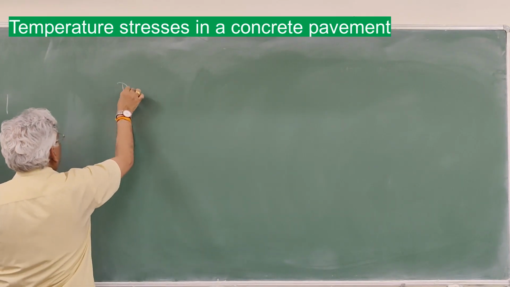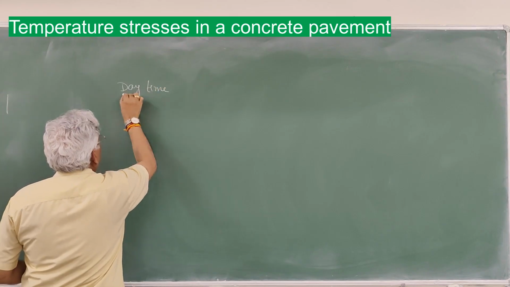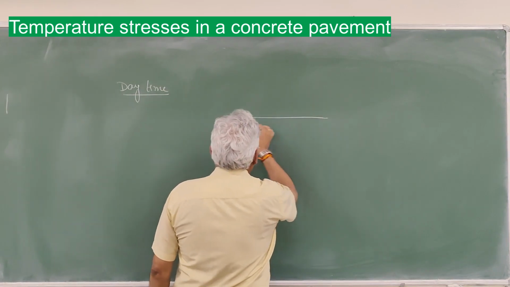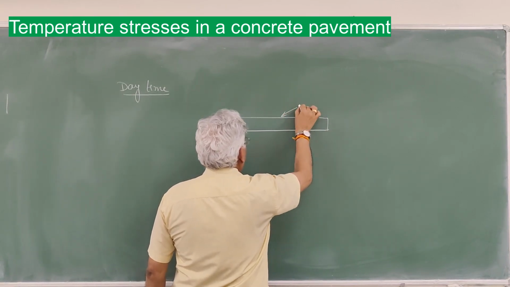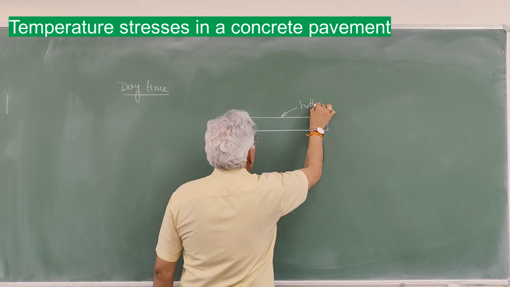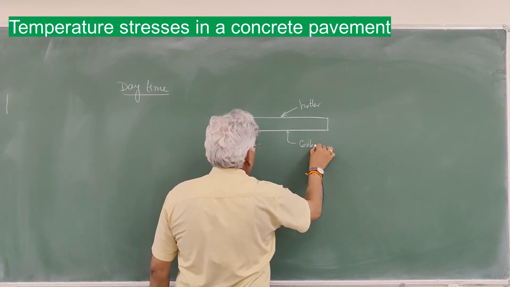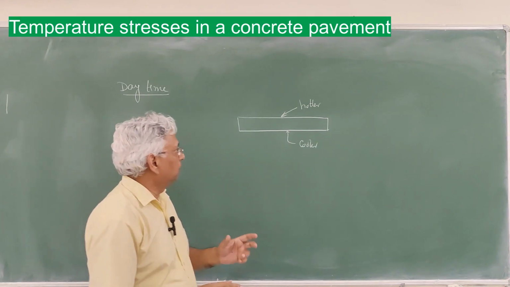Let us say during daytime. During daytime, the temperature at top of the slab is more than the temperature at the bottom because of direct heat coming on the top.